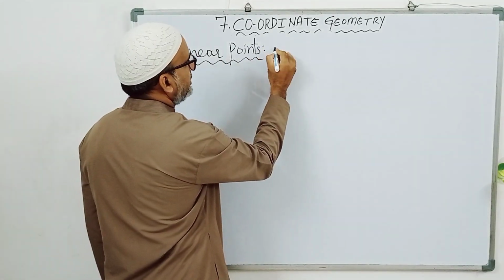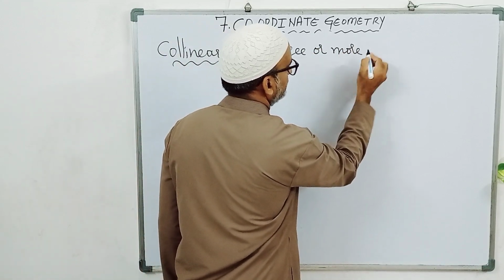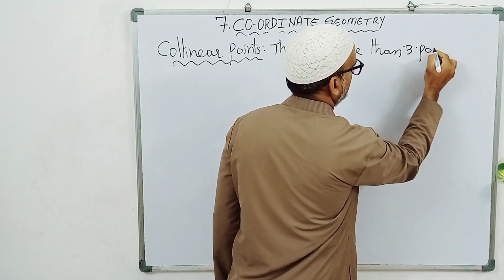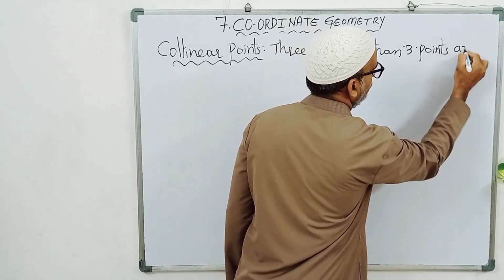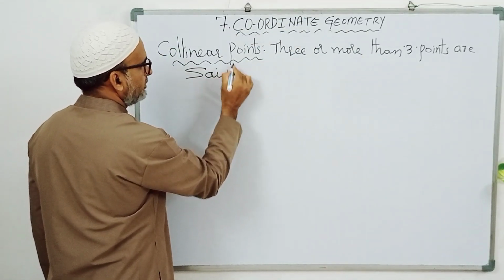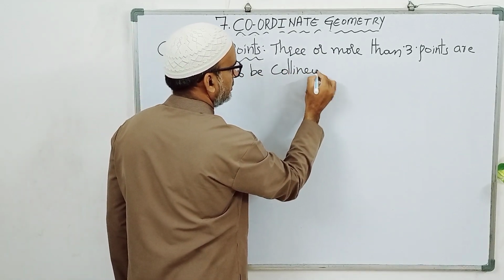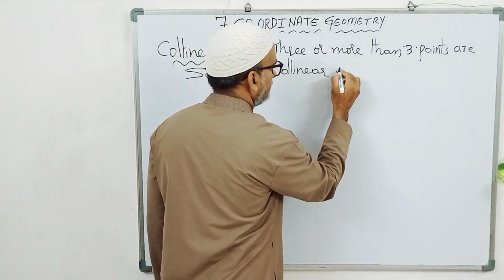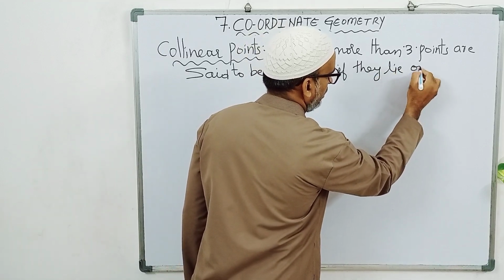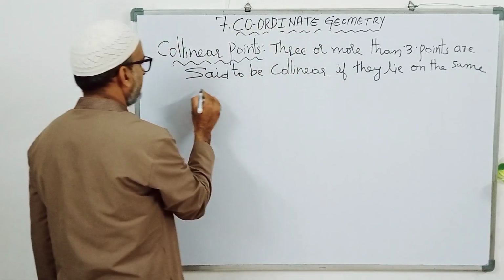See the definition: 3 or more than 3 points are said to be collinear if they lie on the same straight line.